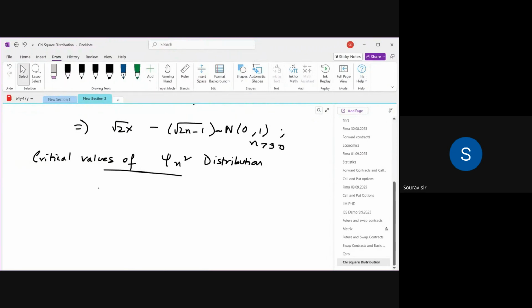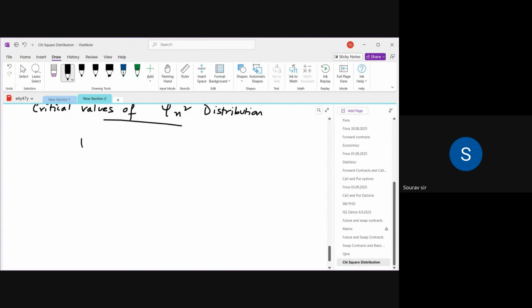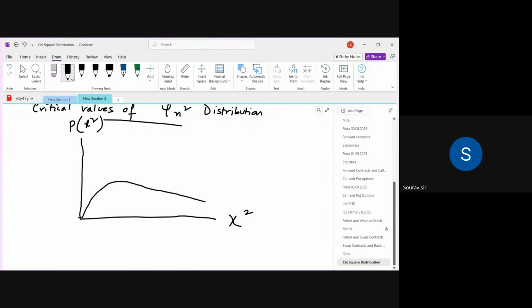If we draw the diagram for this, this is your acceptance region, and this is 1 minus alpha.